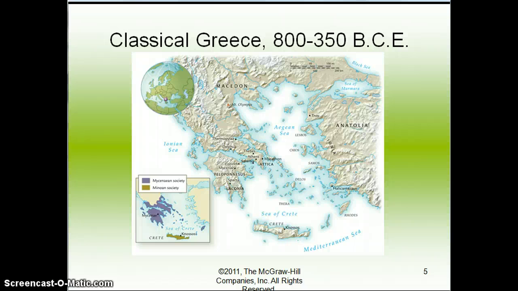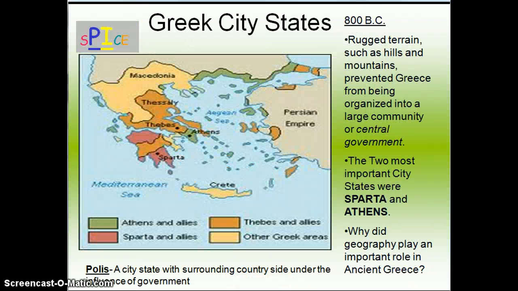The other thing you can see described on the map is that there were a lot of mountains and hills surrounding this area of Greece, and that meant that it was not easy to travel around. And so because of that, ancient Greece was not unified into one large country controlled by one large government.